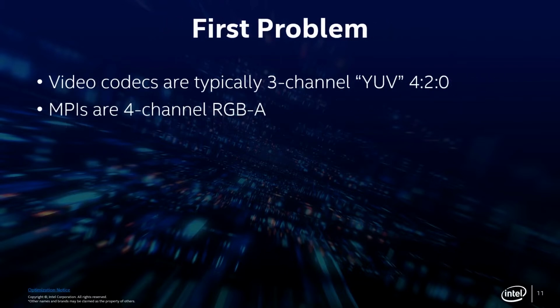So the first problem we run into is that video codecs are typically 3-channel YUV in the 420 format. If you're not familiar with YUV, it's very standard in the video industry. Basically, Y is a monochromatic signal at full resolution, and U and V are color channel information. This goes all the way back to broadcast television, when we transitioned from black and white into color in a backwards compatible fashion.